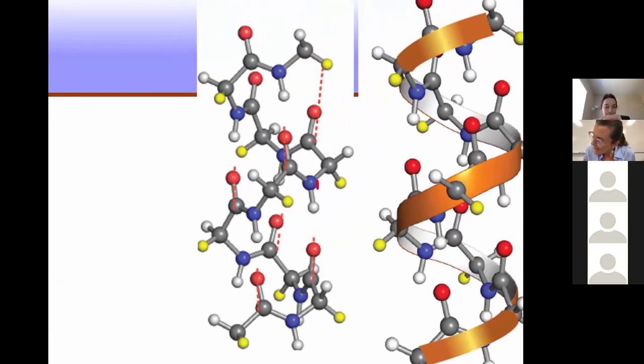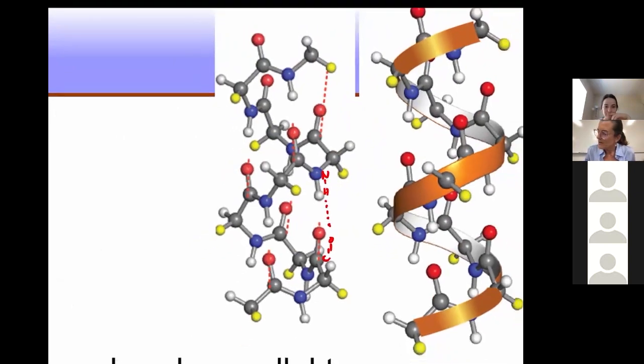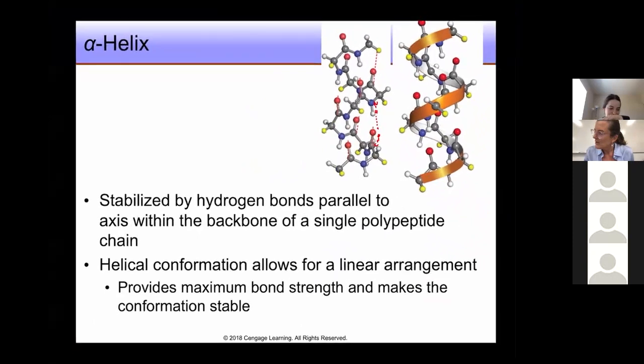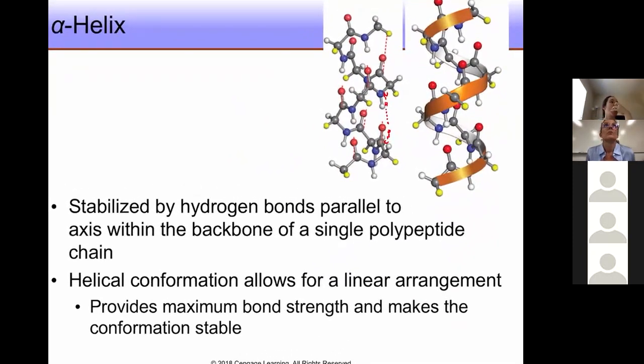So this is the NH of one peptide bond, and this is the CO of another one. They hydrogen bond to each other in exactly an i to i+4 pattern. So if you're in a helix, amino acid 1 will hydrogen bond to 5, 2 to 6, 3 to 7. There's a very specific pattern that is characteristic of the alpha helix.